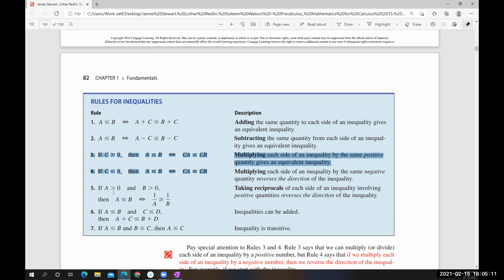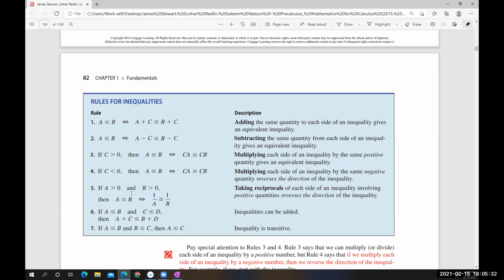The next one, number 5, is that if A and B are both positive and A is less than or equal to B, this happens if and only if 1 over A is greater than or equal to 1 over B. So when you take the reciprocal, you are in some sense just reversing the inequality.